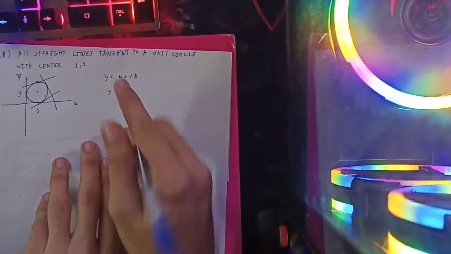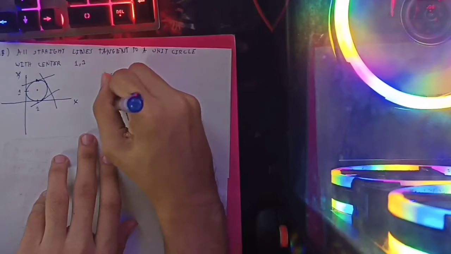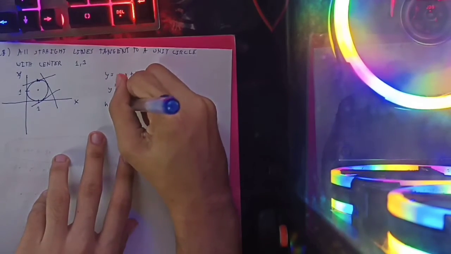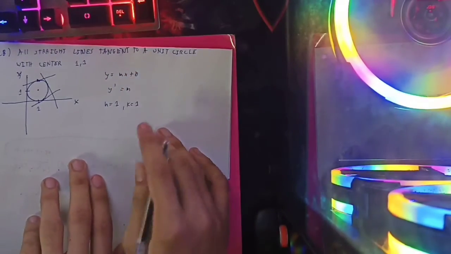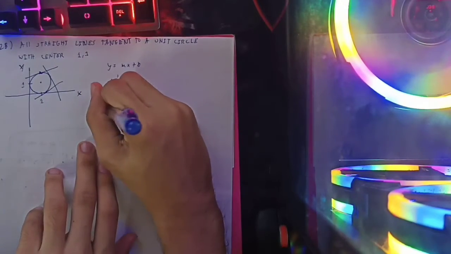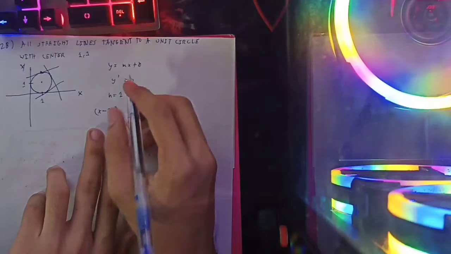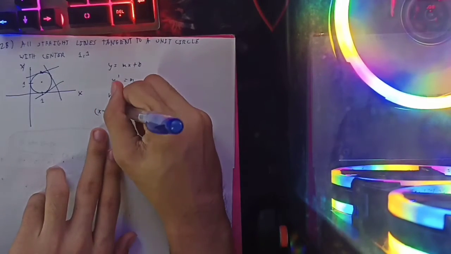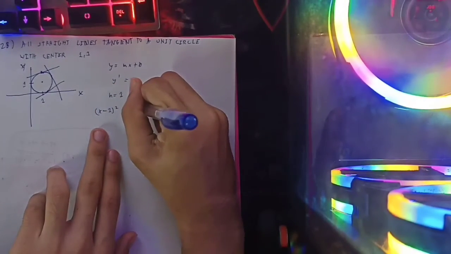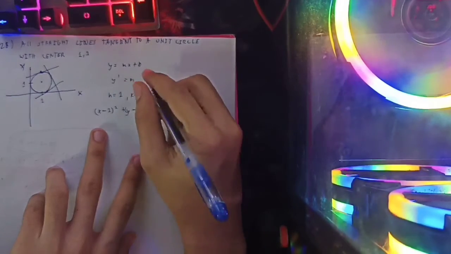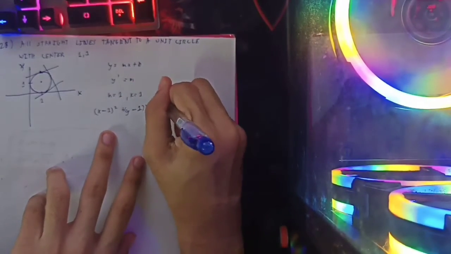So in the equation of the circle, where h is equal to 1 and k is equal to 1, we got an equation based on the equation of the circle, that is x minus 1 squared plus y minus 1 squared is equal to 1 squared.